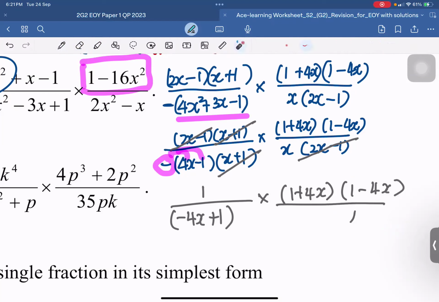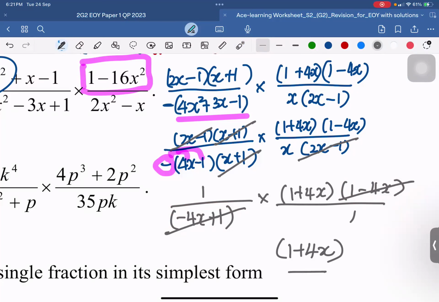Is this the same now? Yeah, then now this one I can cancel away the whole thing. I cancel out no more already. What's left only? 1 answer over 1 plus 4x. 1 plus 4x is at the top or bottom? Bottom. No, you look carefully. Top. So this one is the answer.